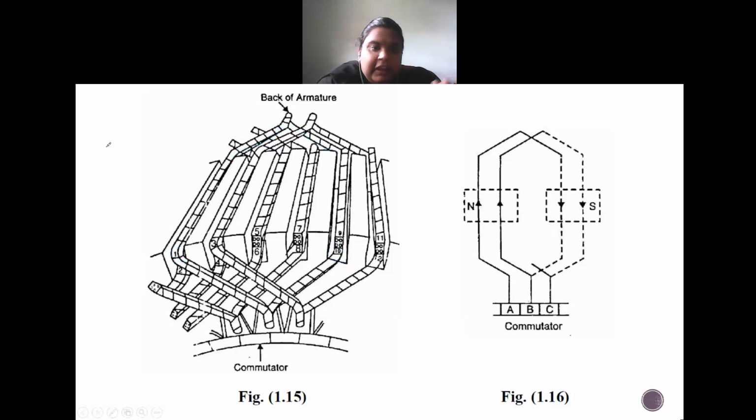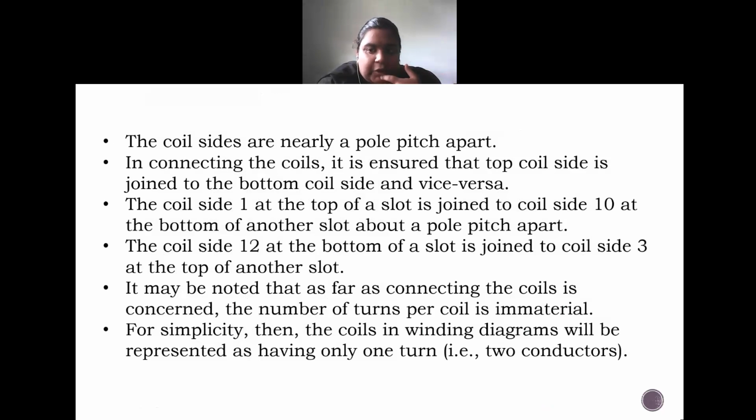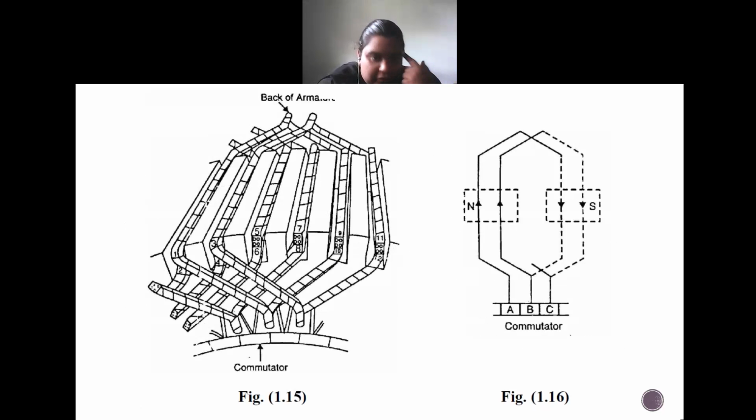In the similar way, coil side 12 at the bottom of the slot is joined to a coil side 3 at the top of another slot. Here also you can see 12 and 3. This is 12, this is 3.